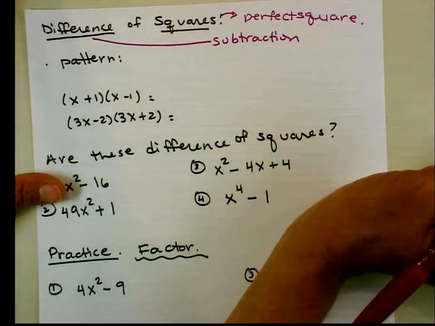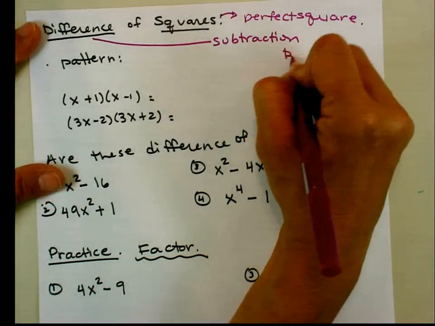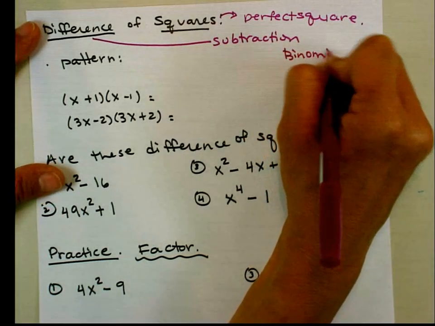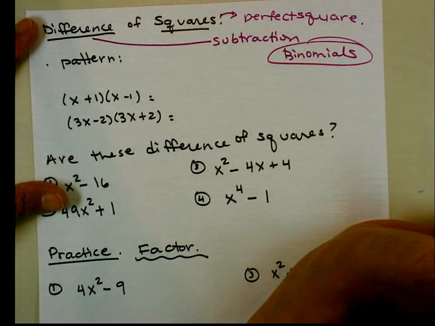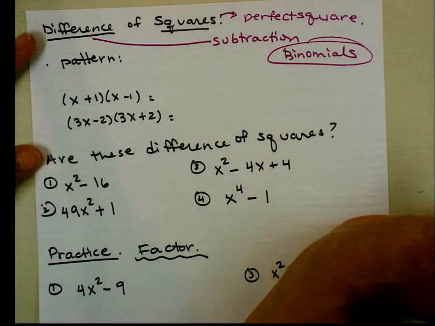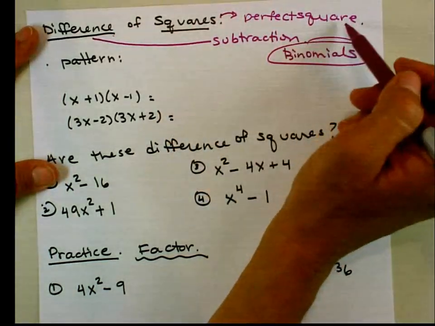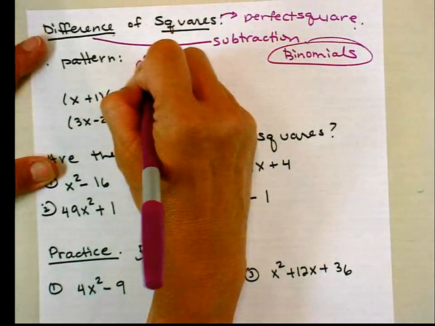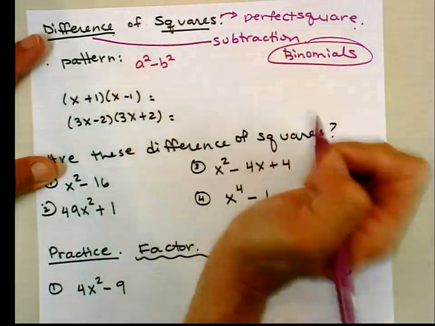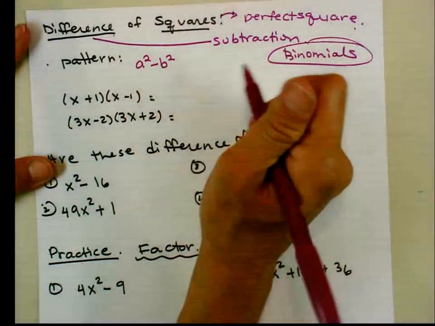Difference of squares is for two terms. This is for binomials. We're going to learn how to factor three different binomials, special patterns. So binomial difference means we have to have a subtraction, and they both need to be squared. Okay, the pattern is a squared minus b squared, and if it is a squared minus b squared, that always factors the same way.